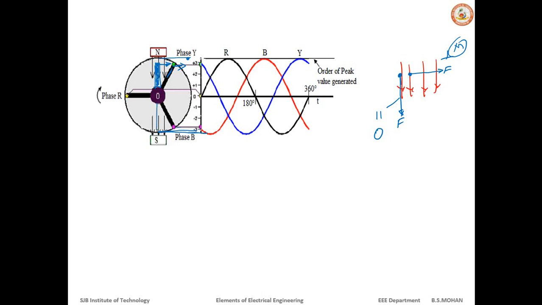As this phase B conductor comes to this point, the direction of the force is rotating in clockwise direction. Thus the force acting at this point of time will be perpendicular to the flux, and we get maximum induced EMF for the blue color. So as of now it is somewhere here, and when this phase comes at this time, we get maximum induced EMF.